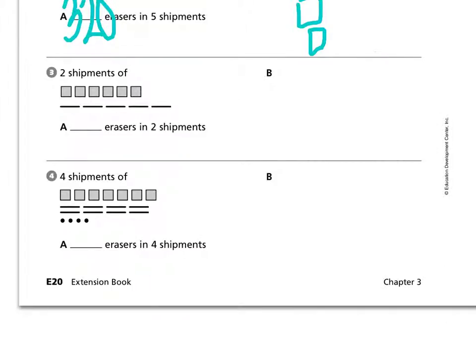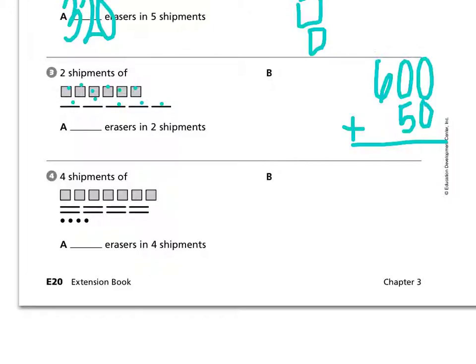Let's move on to number 3. I have 2 shipments of 1, 2, 3, 4, 5, 6. I have 6 boxes, so I know that each box is 100, so 6 boxes would be 600. And I have 1, 2, 3, 4, 5 packs, and each pack's 10, so 5 packs would be 50. I'm going to add that up, and I have 650 in all.